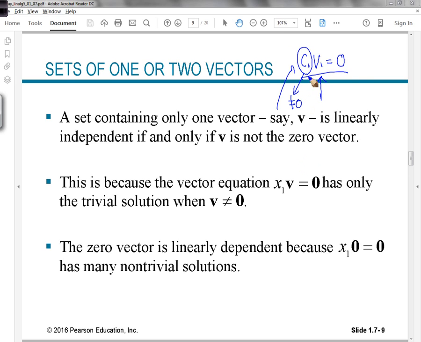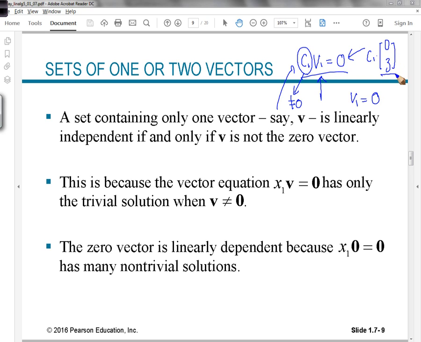So in order to satisfy this equation, the only way is that v1 is completely a zero vector. Although this looks really simple, it has this form: c1 times vector v1, for example, 0 times 3.